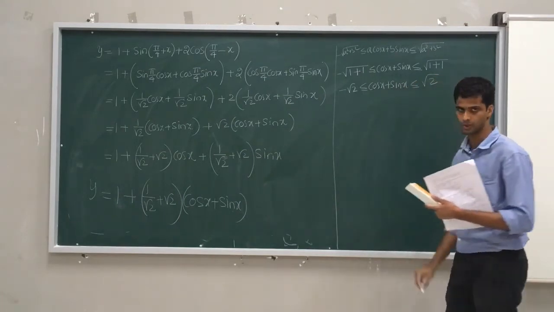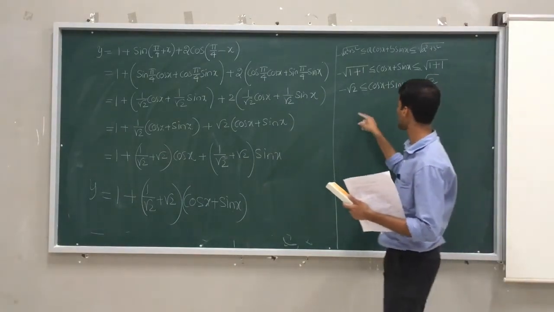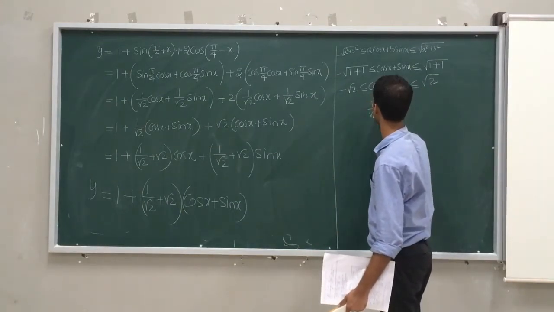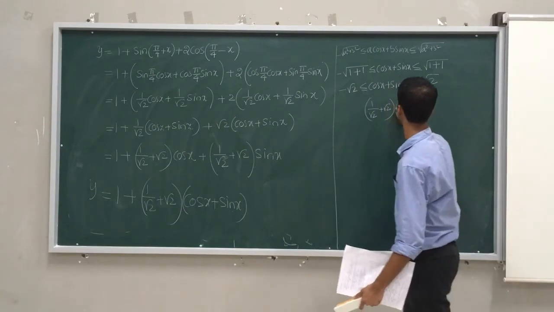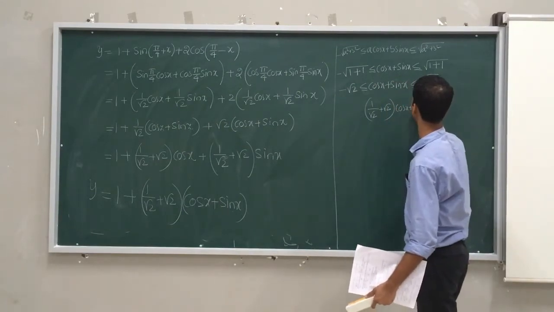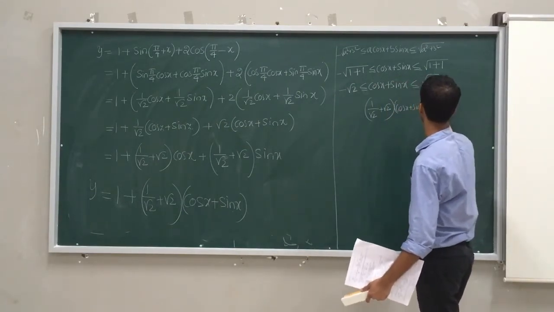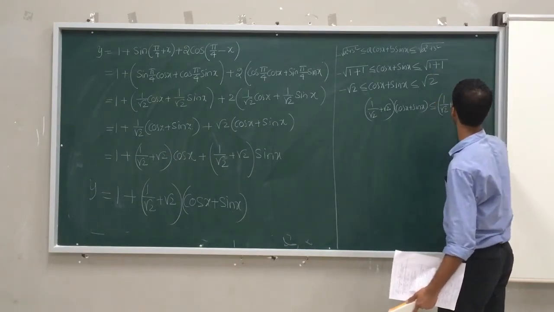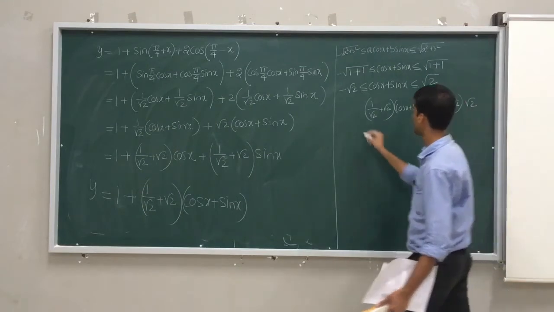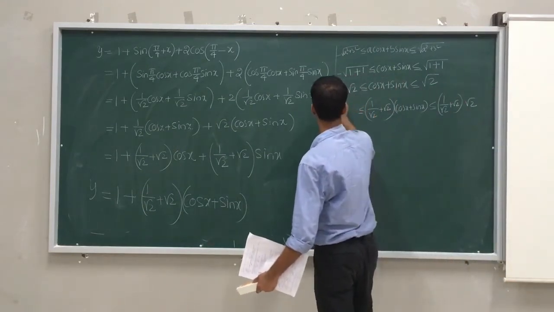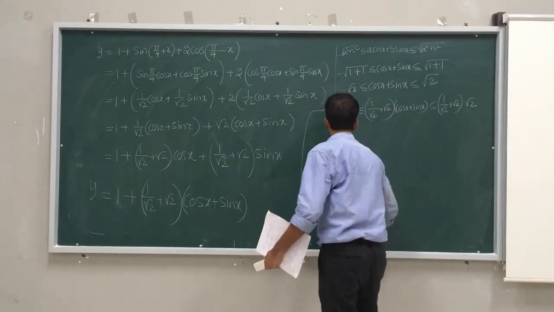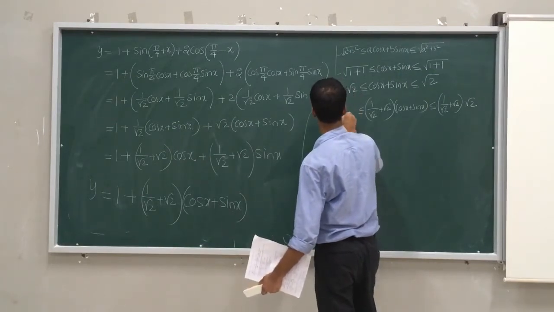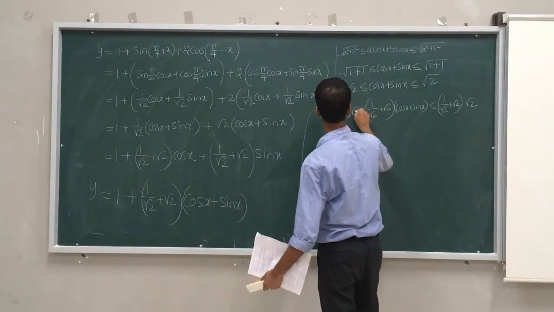Now I want to multiply by 1 by root 2 plus root 2, times cos x plus sin x. Means here also I need to multiply 1 by root 2 plus root 2 times root 2, and here also I need to multiply minus times 1 by root 2 plus root 2 into root 2.